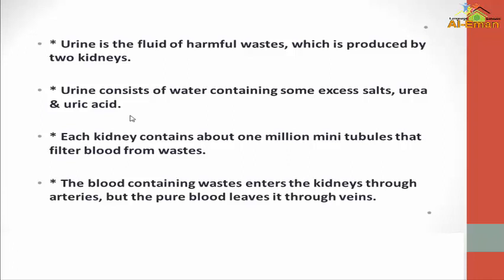And urine consists of water containing some excess salt, urea, and uric acid. Each kidney contains about 1 million mini tubules that filter blood from wastes. The blood containing wastes enters the kidney through arteries, but the pure blood leaves it through veins.